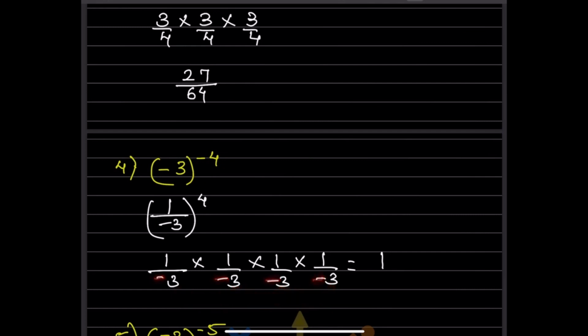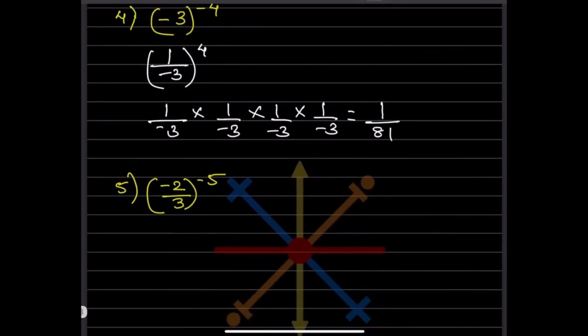So whenever you can see an even number of negatives, that is always going to be positive. If it is 6 times also, it is going to be positive. But if it is 5 times negative, it is going to be negative. So wherever there is an even number, you are going to consider that as positive. So here this is going to be 81. That is a positive one.